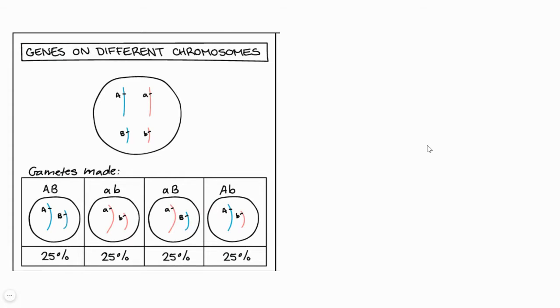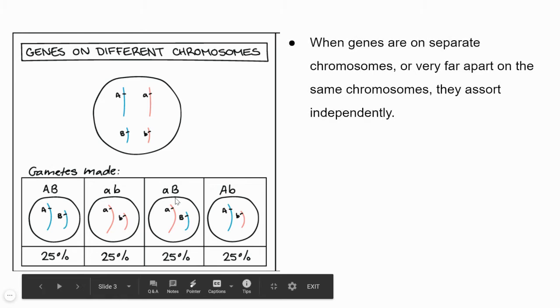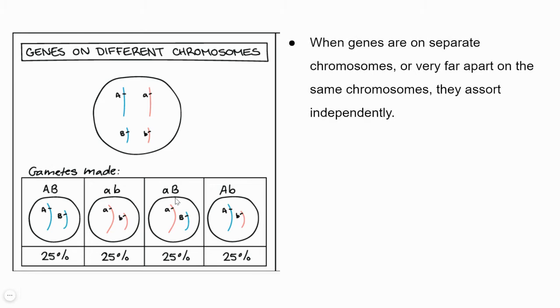Let's look at the first case where the genes are on different chromosomes, gene A and gene B, and where we get a 25% chance of each of these four types of gametes. What is the explanation for this? When genes are on separate chromosomes or very far apart on the same chromosome, they will assort independently. They will segregate and they will assort.